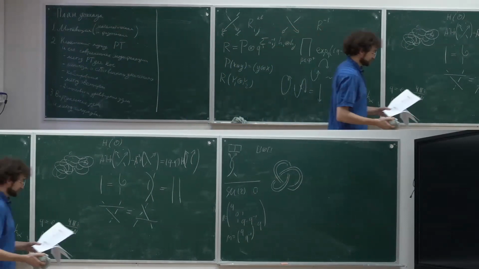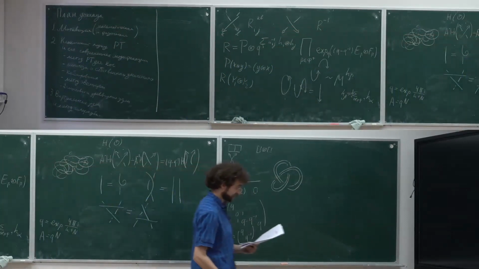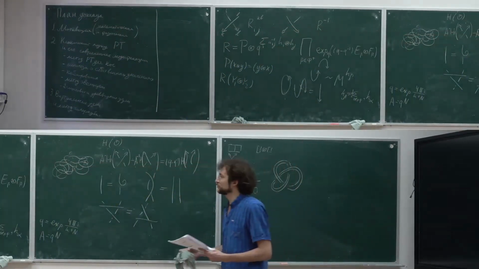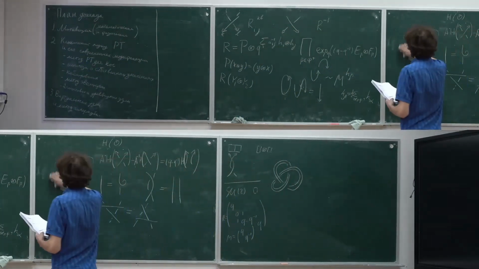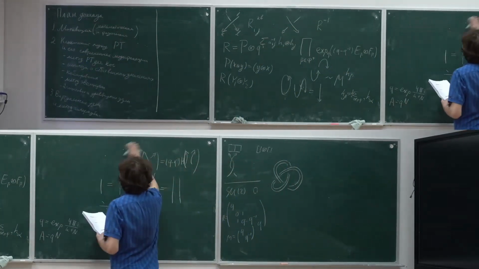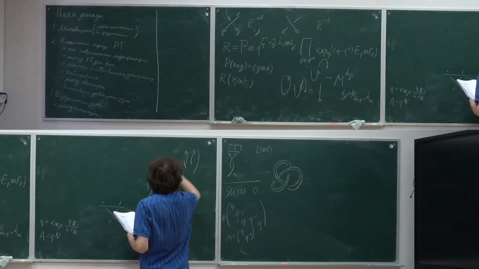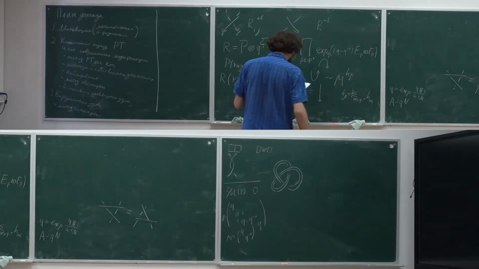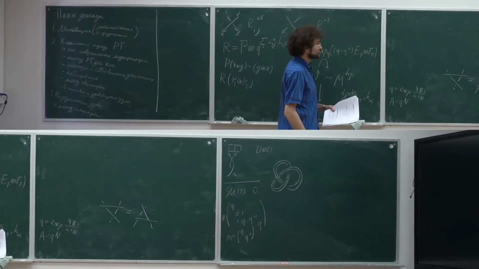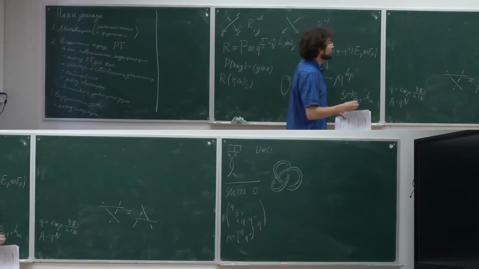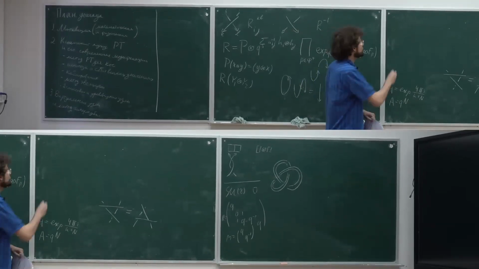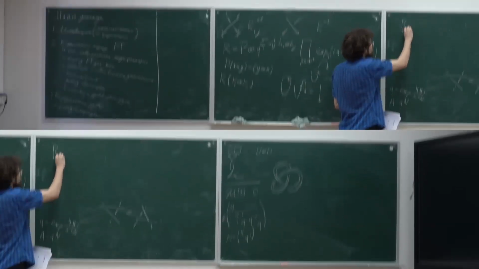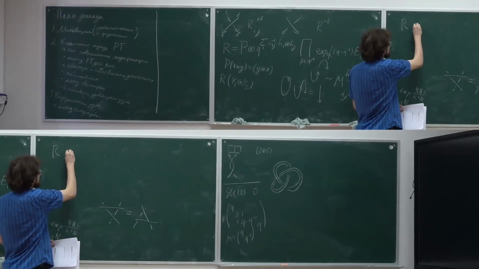For this, we can use a property of a matrix of quantum groups, which is the following one. Since we study Hopf algebra, there is a coproduct in this Hopf algebra, and there is an important property of our matrix: it commutes with this coproduct.